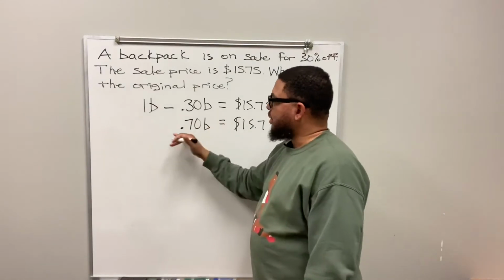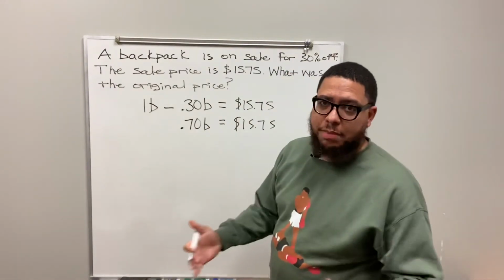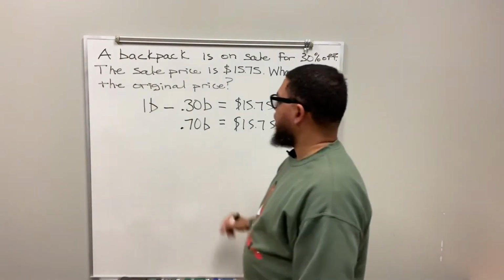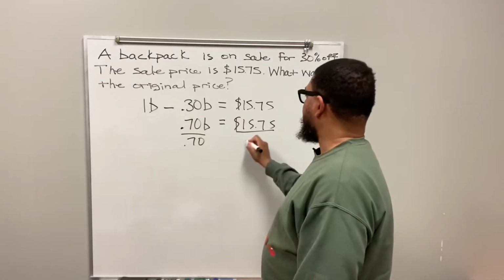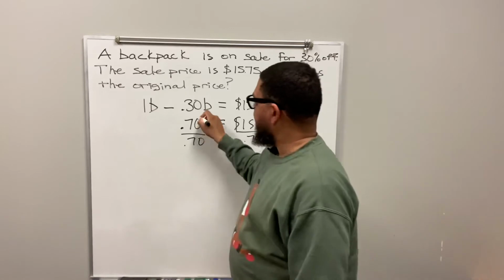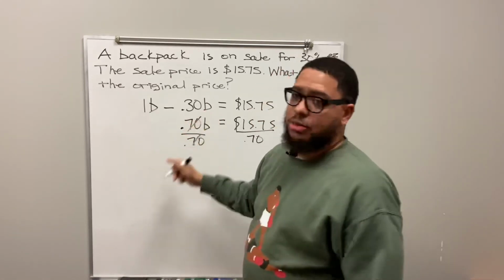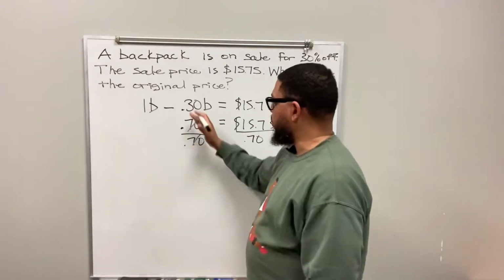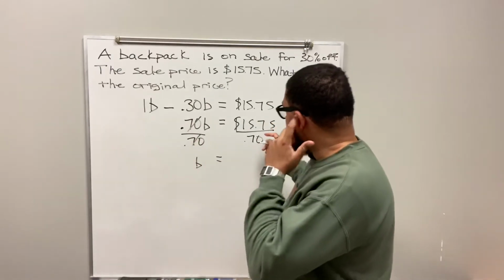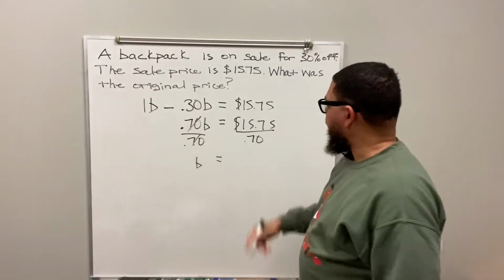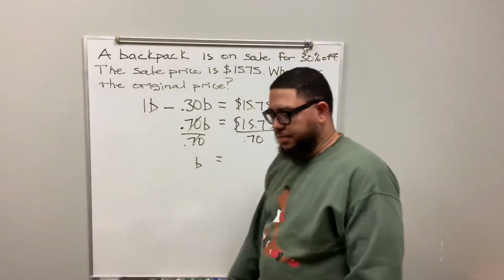So that means I need to divide, because division is the opposite of multiplication. So I'm going to divide this by 0.70, and then I'm going to slide over here, divide this by 0.70. That becomes 1, because anytime you divide something by the same exact number, that's equal to 1. So that's 1B, which is B. Then over here, I got 15.75 divided by 0.70.